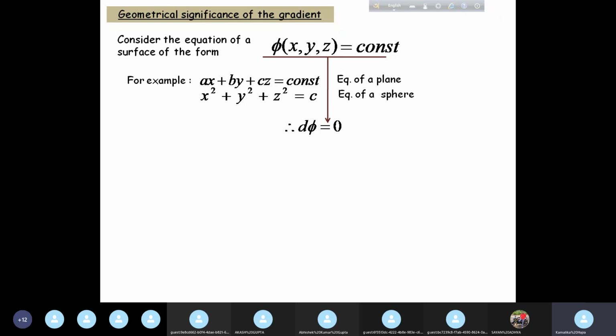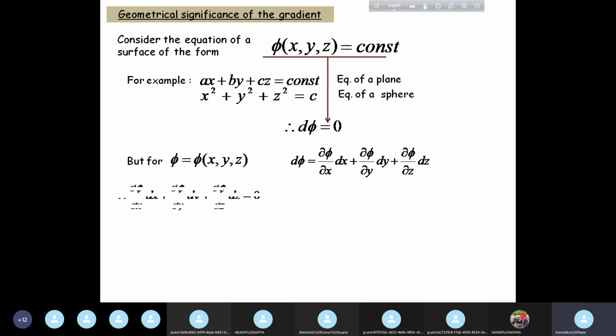From our definition of partial derivatives, we saw that if phi is equal to phi of x, y, z, then d phi can be written as del phi del x dx plus del phi del y dy plus del phi del z dz. Since d phi is 0, this right hand side is equal to 0.